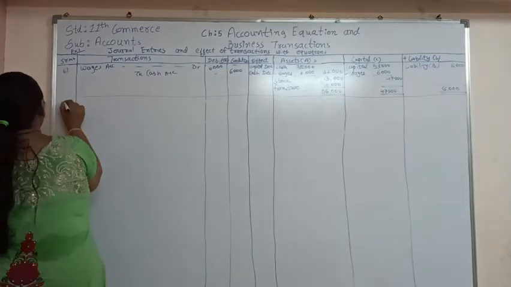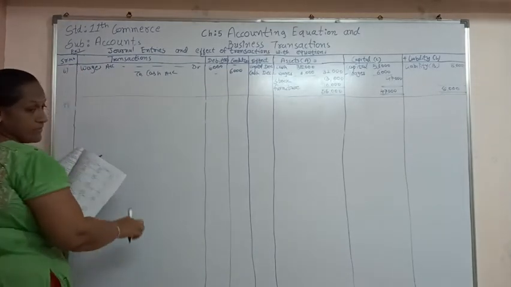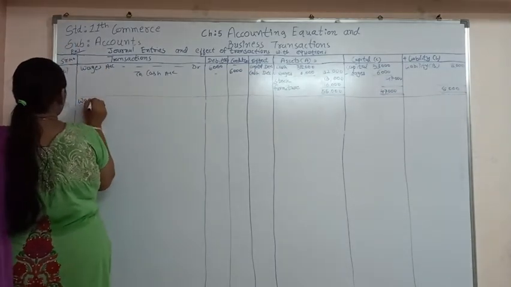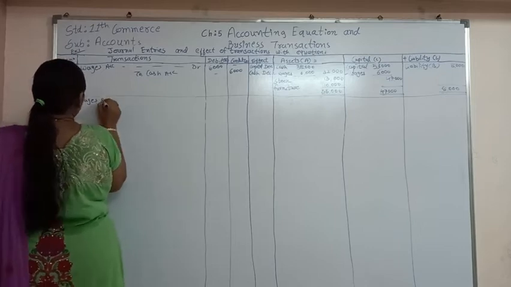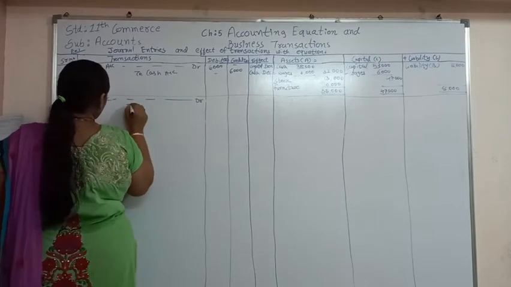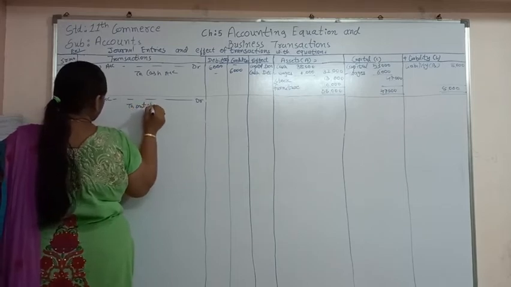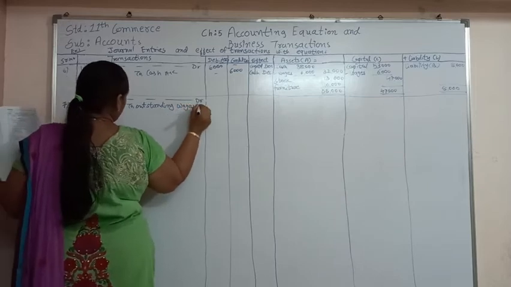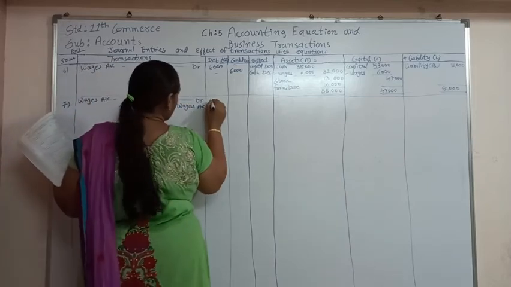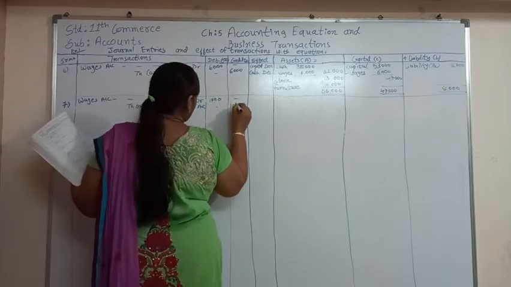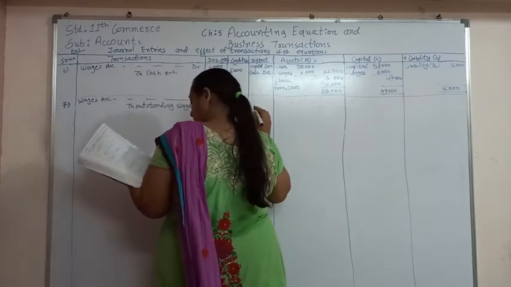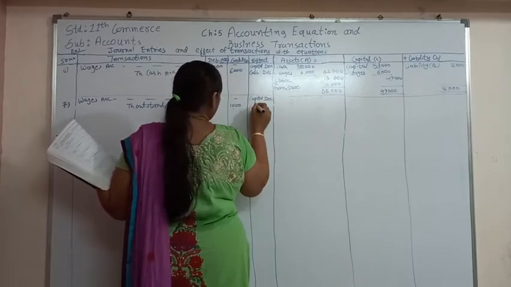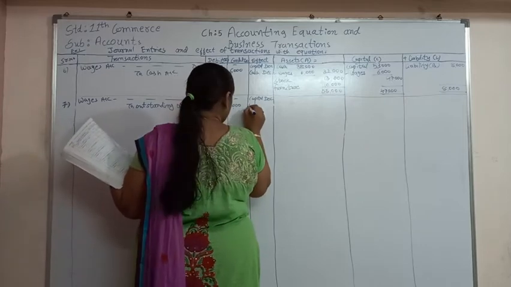So here number 7 that we are going to write, it will be wages account debit to outstanding wages account. Here it is 1,000. For that, capital decrease and liability increase.